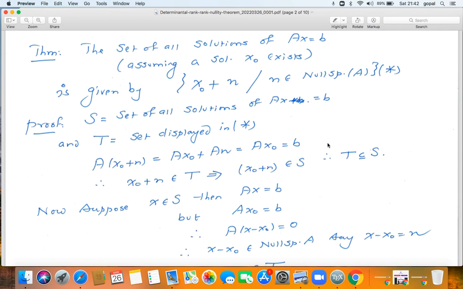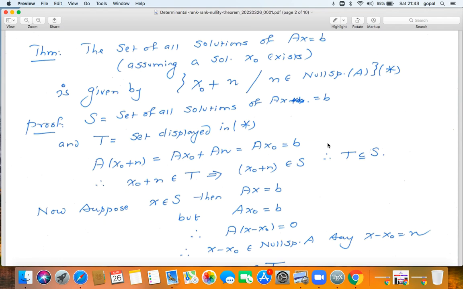In the reverse direction, we want to show that S is a subset of T. So let us take an element x in S. It's a solution of the system of equations. That means Ax equal to B. But we already know Ax0 equals B. So we must take the difference. We subtract: A times x minus x0 is 0.